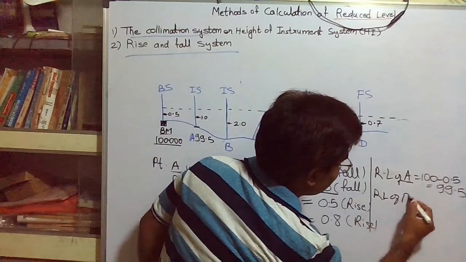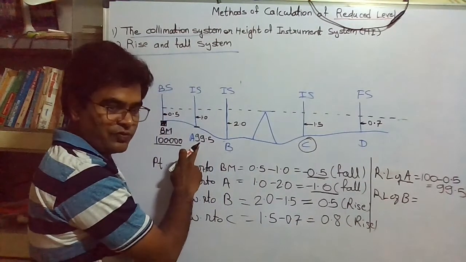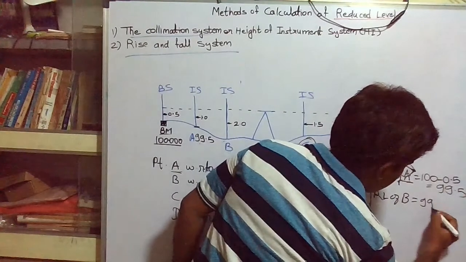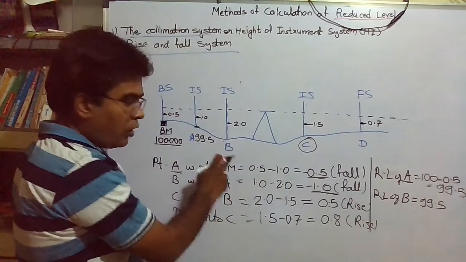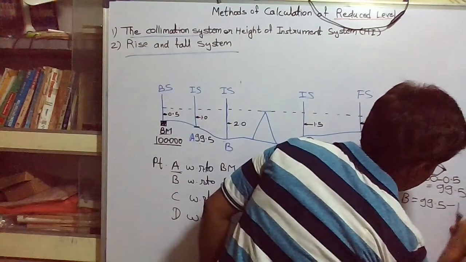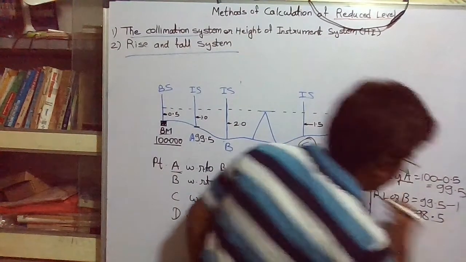RL of B is equal to the RL of the preceding point with which we compared it, 99.5, minus 1, since there is a fall of 1 meter. So we get 98.5.